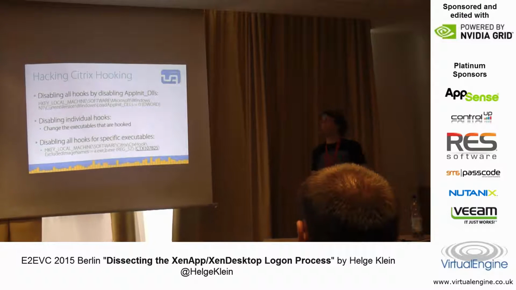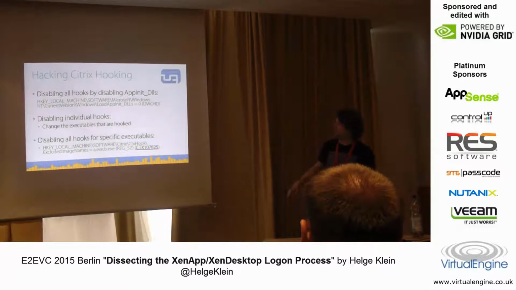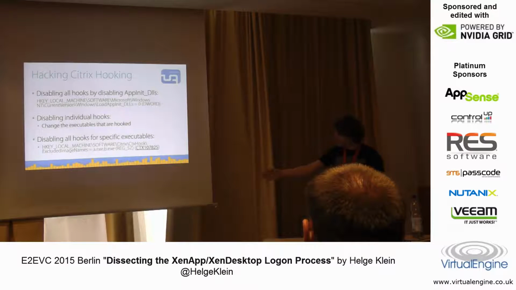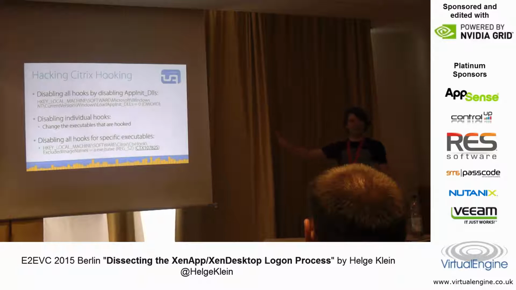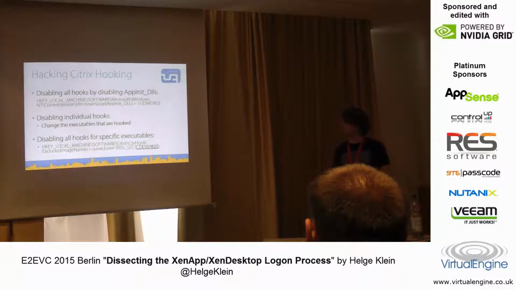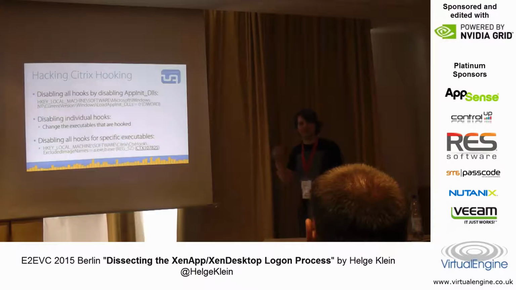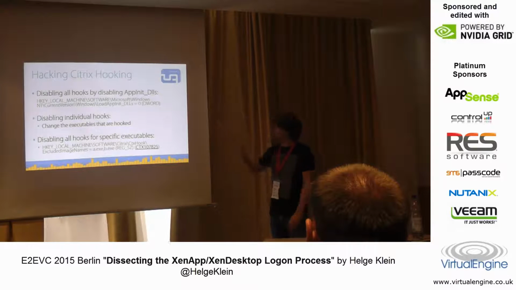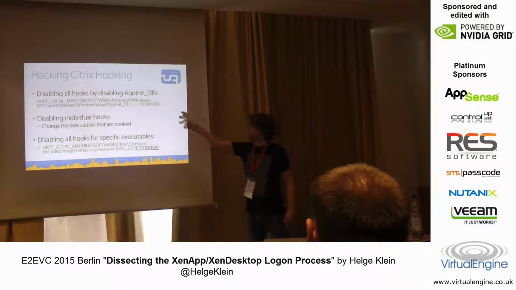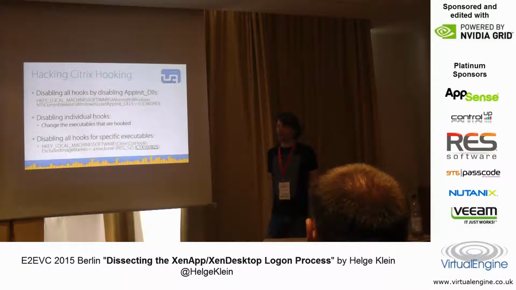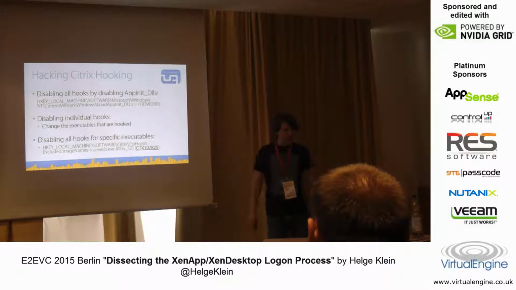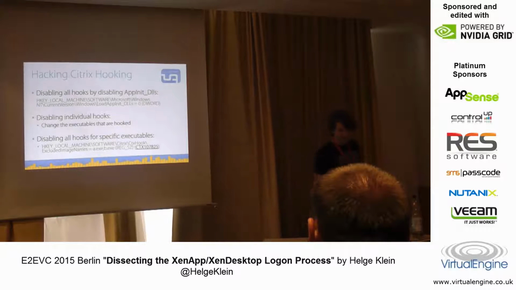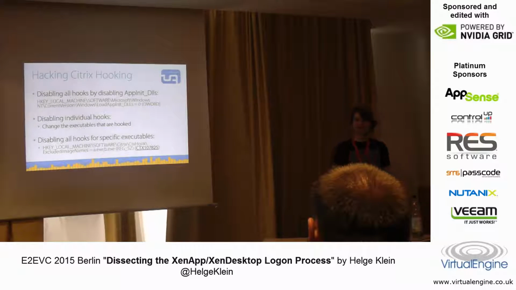Now, I'm a bit irritated by the moving thing here. I hope it's okay, you can still read it. Well, you can change the way that Citrix hooking works. One, as mentioned earlier, is disabling AppInit DLLs, probably a bit extreme. You can disable all of these hooks individually that were listed earlier.